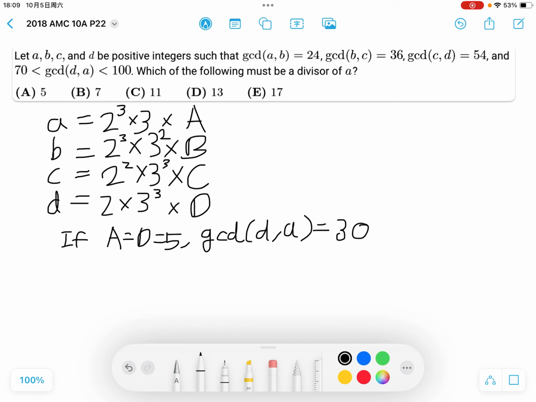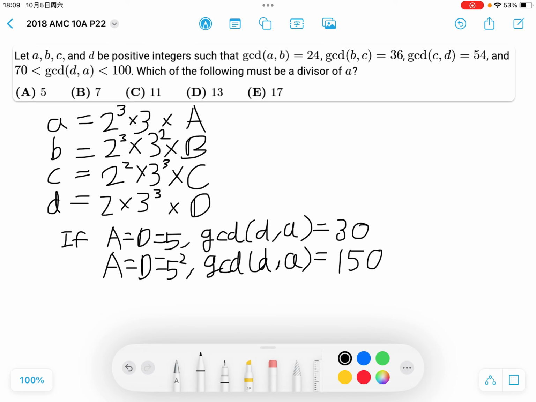What if we add another 5? If A equals D equals 25, equals 5 squared, then the GCD of D and A would be 150, which is definitely too big. So this is too small, this is too big. So I don't think 5 works.